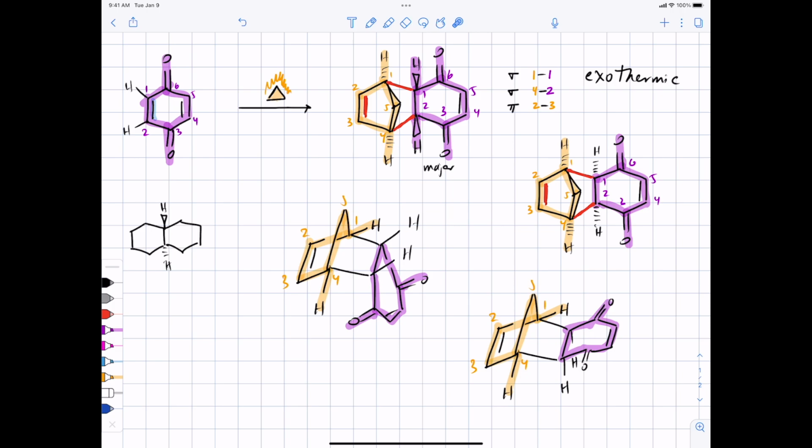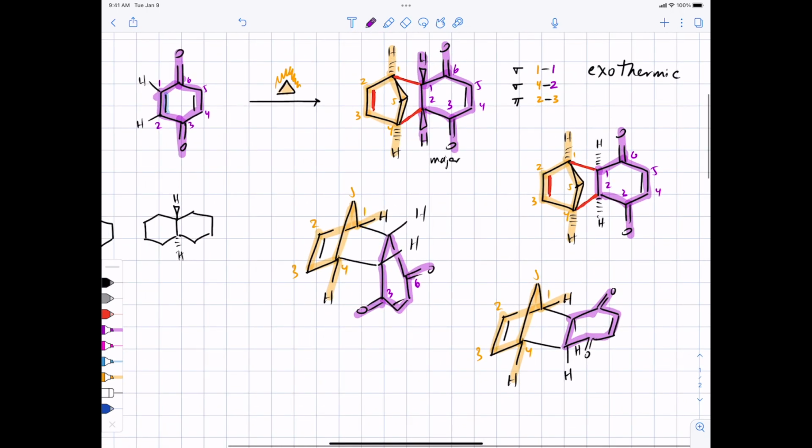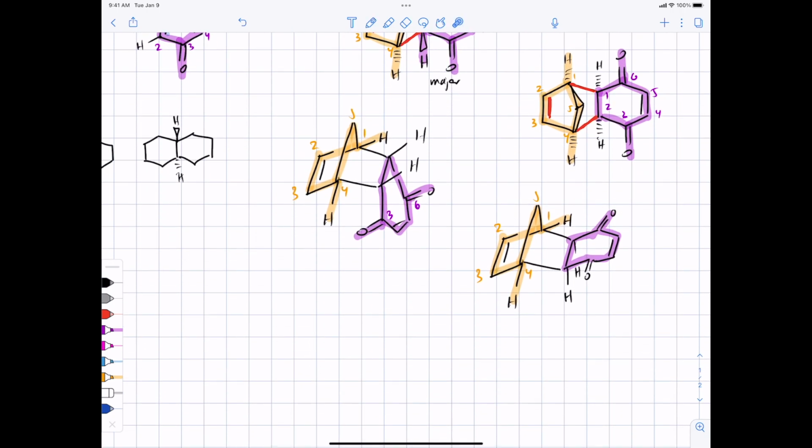Here, 3 and 6 are on opposite sides of our new structure versus orange atom 5. Do you see how relative to this new cyclohexane ring that we made, this group is up and these are down? Okay. In contrast, for the other stereoisomer, it's exactly backwards. Atoms purple 3 and 6 are on the same side of our new cyclohexene ring as is orange 5.